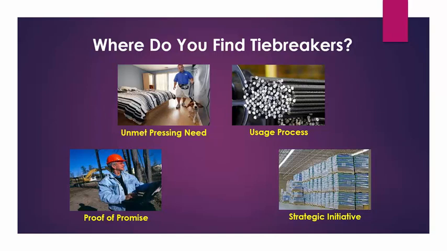And the last idea here is to find out what the strategic initiatives are for the customer firm. And typically each year companies have a strategic initiative, and then to design your value proposition around that initiative.